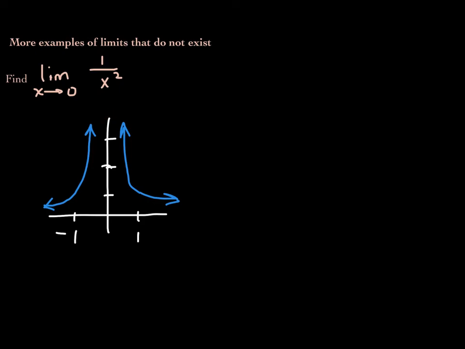The question that they want us to consider is, what is happening to your function values as x approaches 0? Well, as x approaches 0 from the left, your function values are approaching positive infinity. As your x values approach 0 from the right, your function values approach positive infinity.